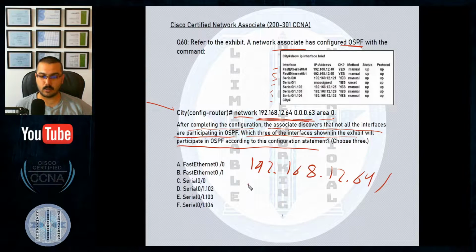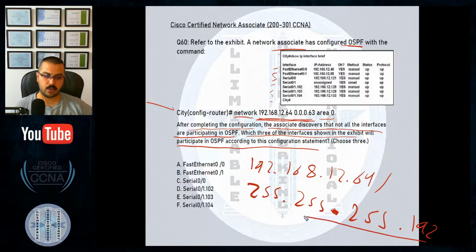So 255 minus 0 will be 255, dot 255 minus the second one, which is 0, will be 255, dot 255 minus the third 0 will be 255, and 255 minus 63 will be 192. Changing that to binary will be ones, 2 ones and 6 zeros, so it will be slash 26.